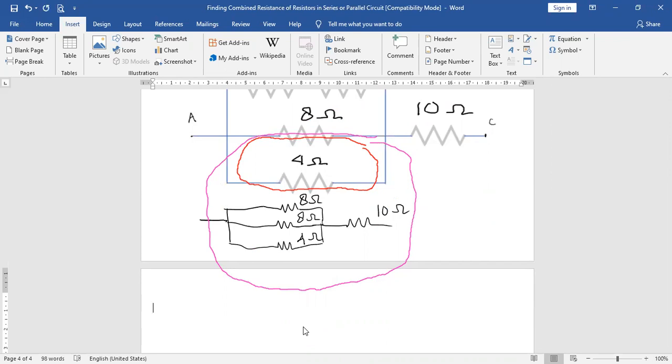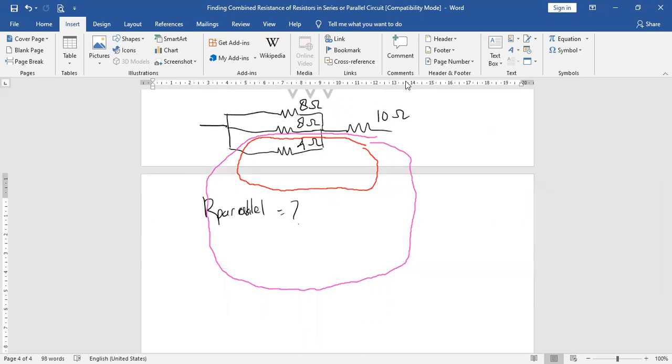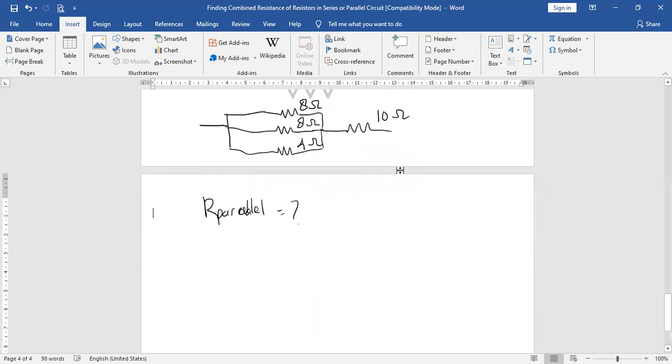So we find the parallel one first. I write down 1 per R will be equal to 1 per 8 plus 1 per 8 plus 1 per 4. Equalize the denominator again, don't forget.